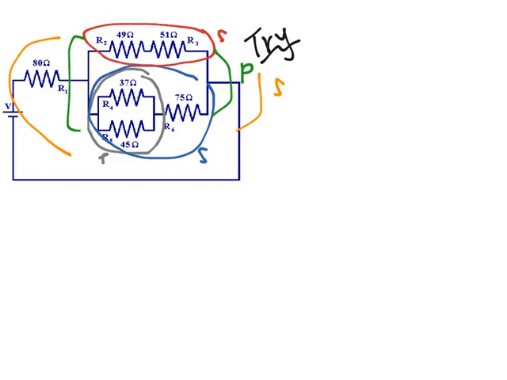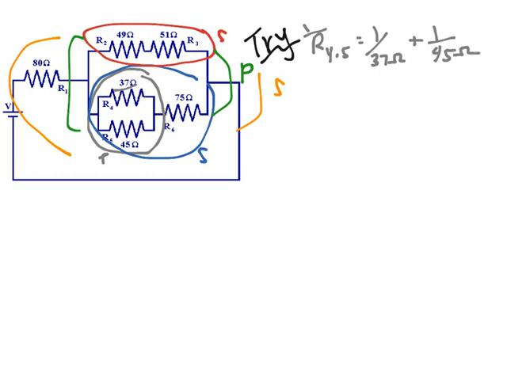So the first thing we got to do is this in parallel. So that's R4 and 5. R4,5 is in parallel, so it's 1 over 37 ohms plus 1 over 45 ohms.